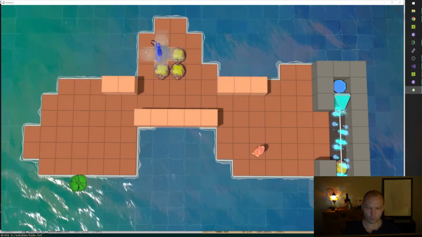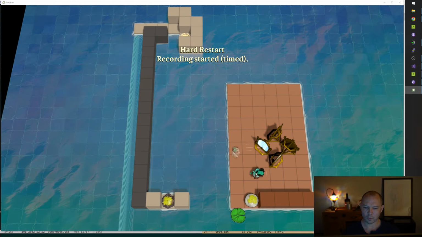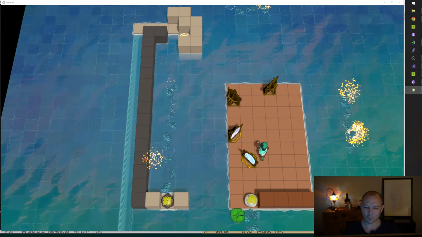Let's see. Something like that. Okay. Upper right, upper left, lower right, lower left. So, wait. Yeah. Okay. We'll figure it out.